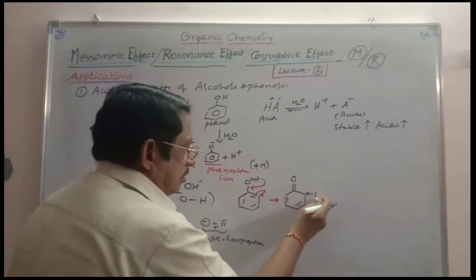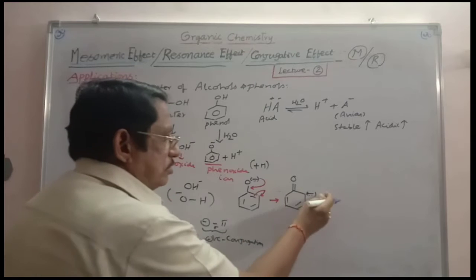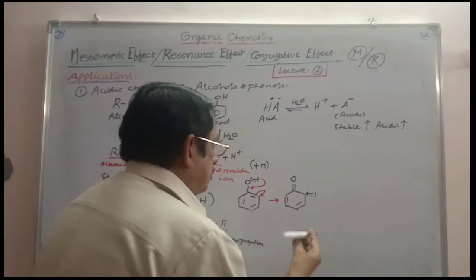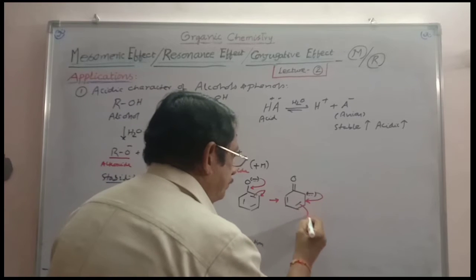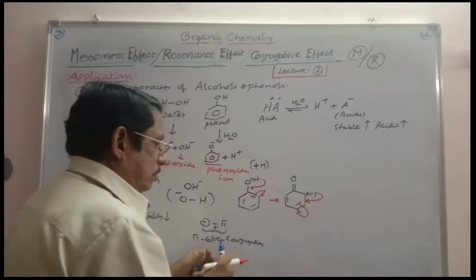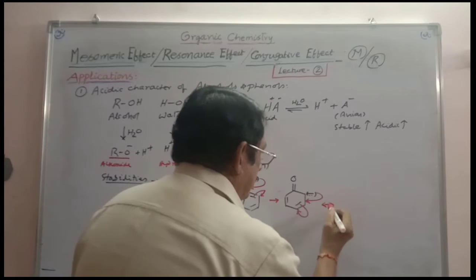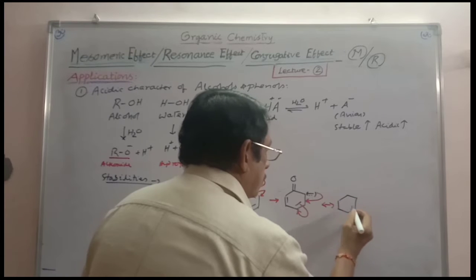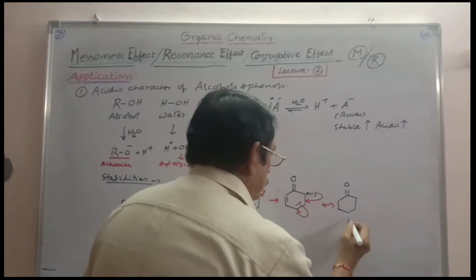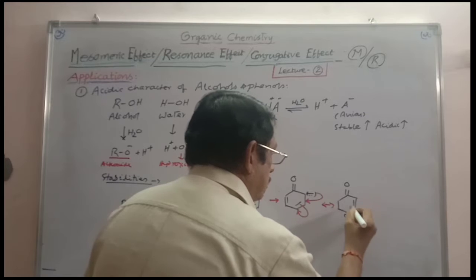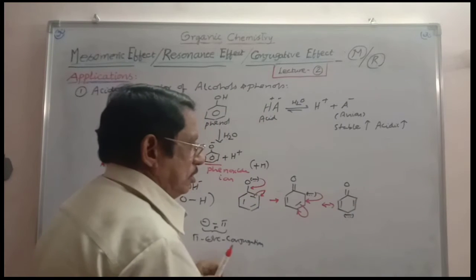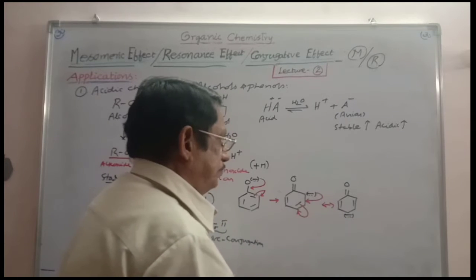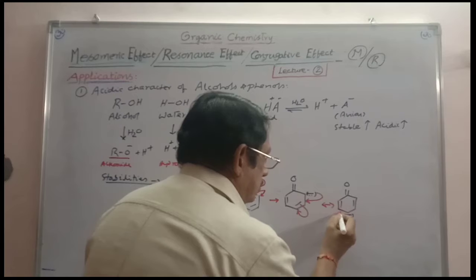Once again, negative charge, sigma bond and pi bond in conjugation. Using this, you can bring the polarization in the conjugate pi bond. Once again, you can show the plus mesomeric effect like this. So you are getting a double bond to O, and the minus charge here. Once again, negative charge, sigma and pi in conjugation. So this charge is thrown like this.